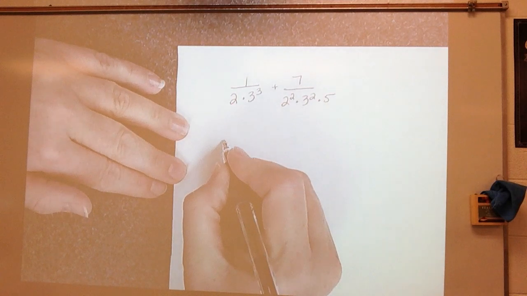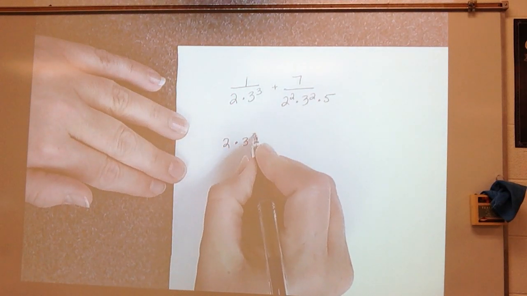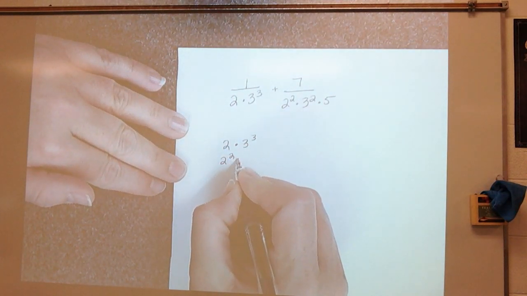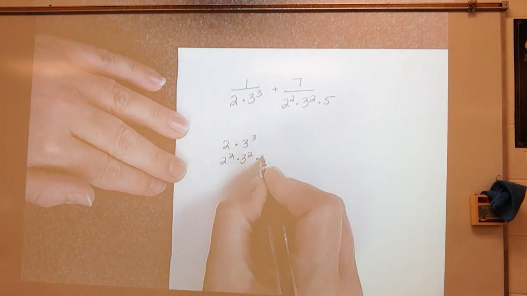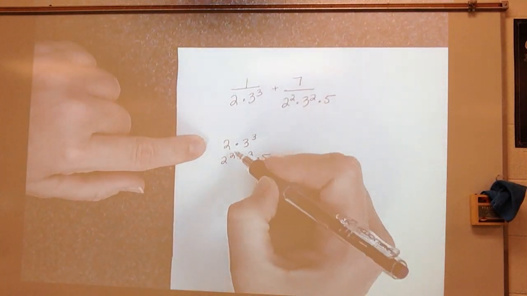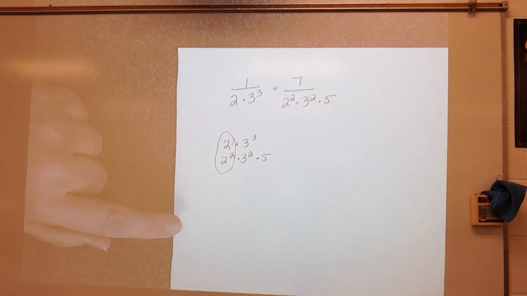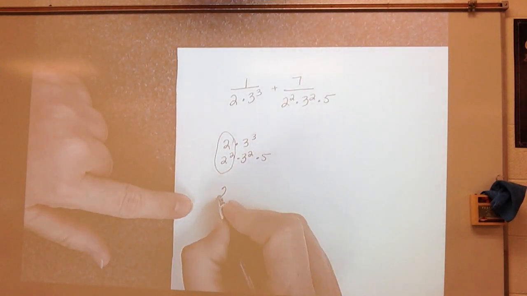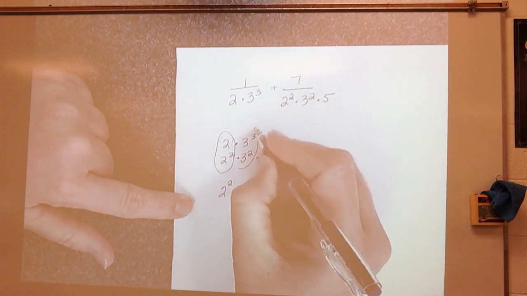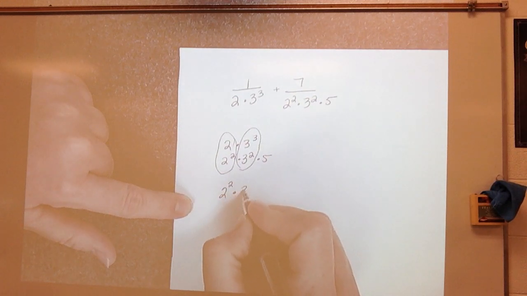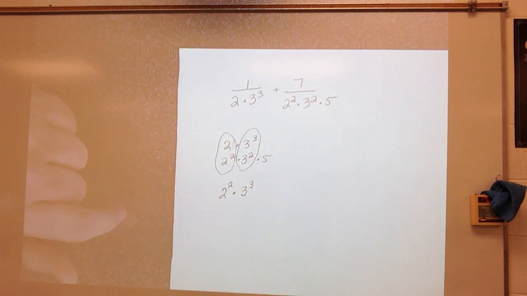And I'm just going to kind of line these up so we can see. So I'm going to look at this and see which one's bigger. So 2 squared is bigger. I'm going to look at this and see which one's bigger. 3 cubed is bigger.